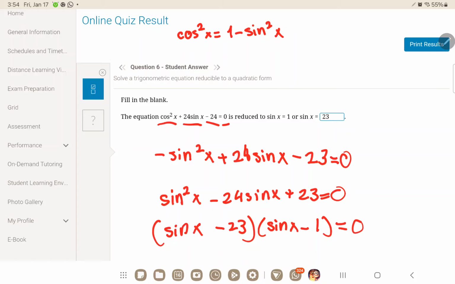So when you multiply negative 23 and negative 1, you get positive 23, and when you add them, you get negative 24. So you factored correctly. So now, sine x can either equal 23 or 1. They gave you the 1, you have to put the 23. And that is it for this question.